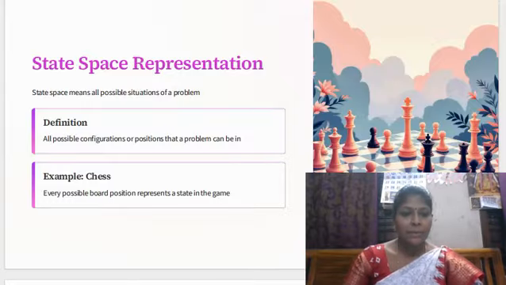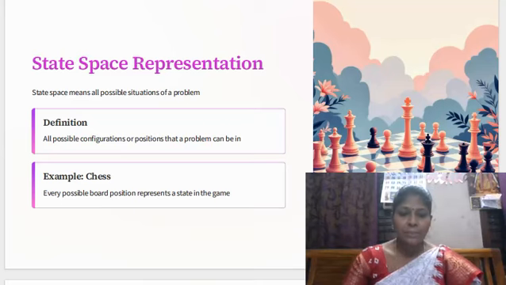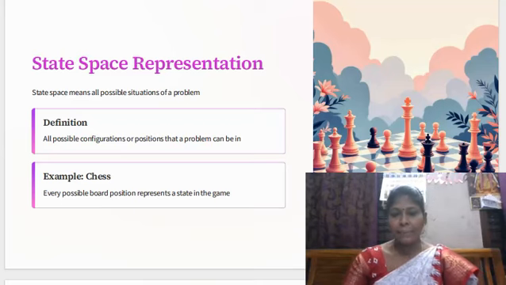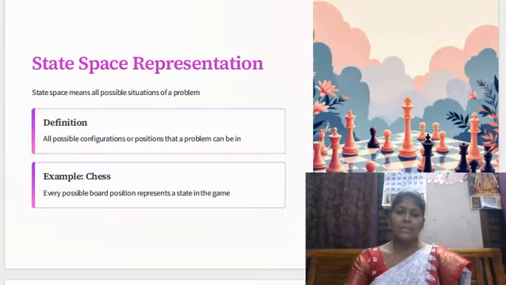So I repeat, all possible configurations or positions that a problem can be in form the state space. For example, in chess, every possible board position represents a state in the game. A search tree may repeat states and take more time, and a search graph avoids repetitions and is more efficient. For example, in a maze, a tree may visit the same path again, but a graph avoids it.